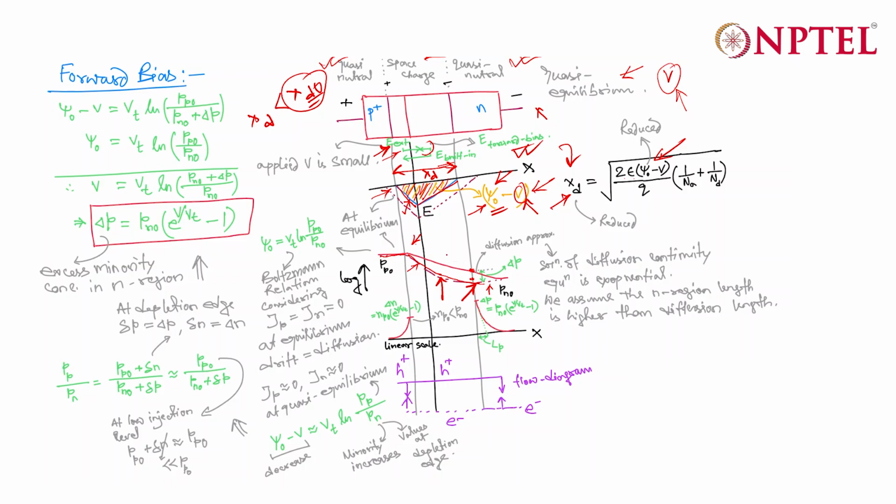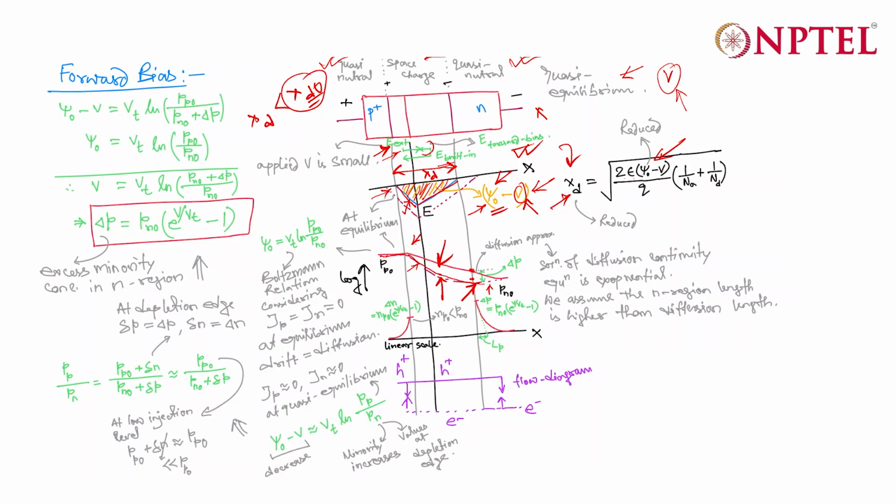So now in the space charge region, the new concentration graph will be this one, right? And in the neutral region or quasi-neutral region, you apply the diffusion approximation. So diffusion approximation is valid in the neutral region.